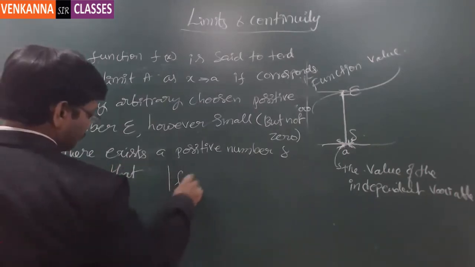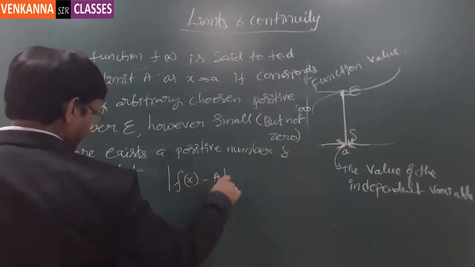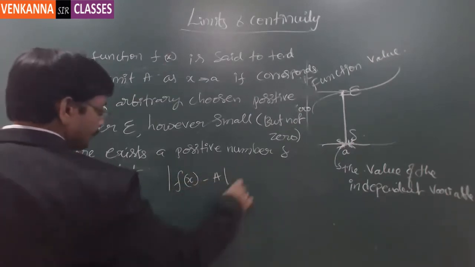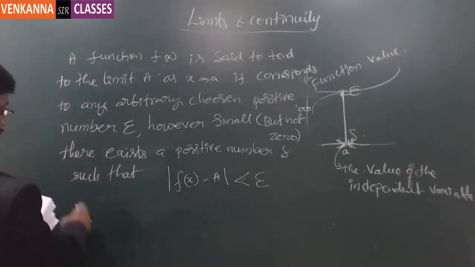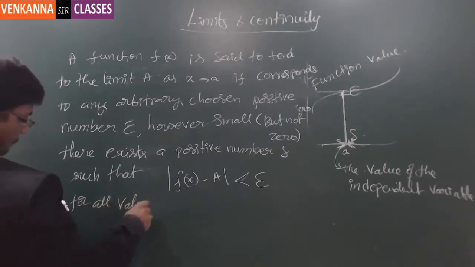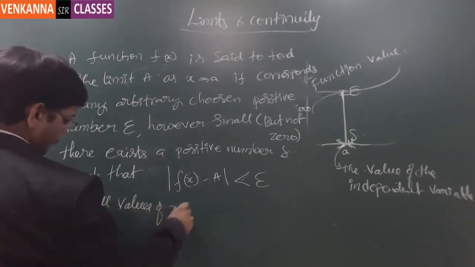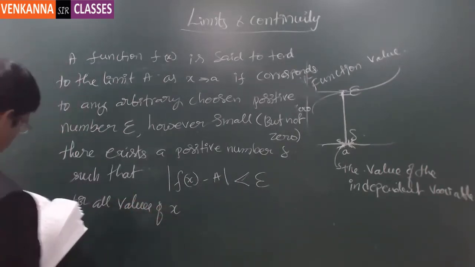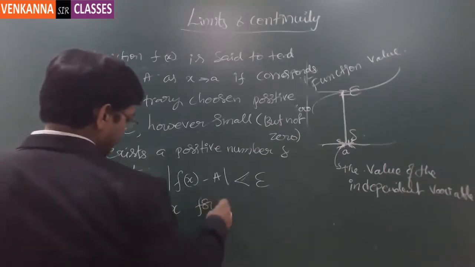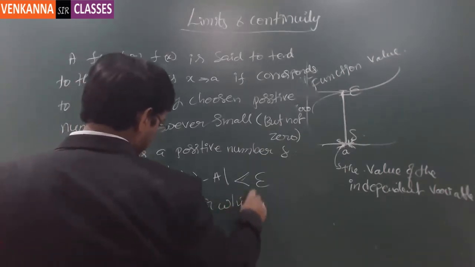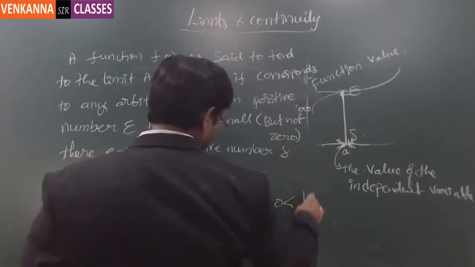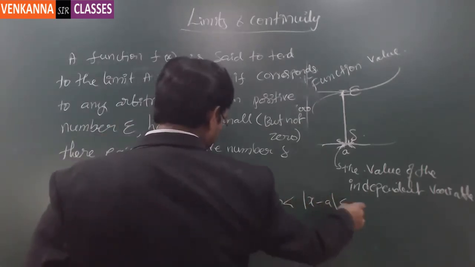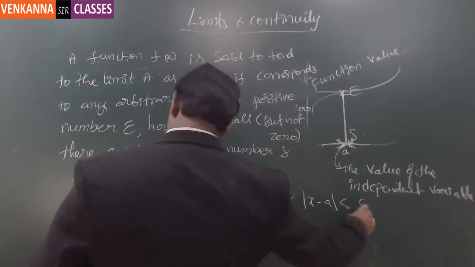mod f of x minus a less than epsilon for all values of x for which 0 less than mod x minus a less than delta.